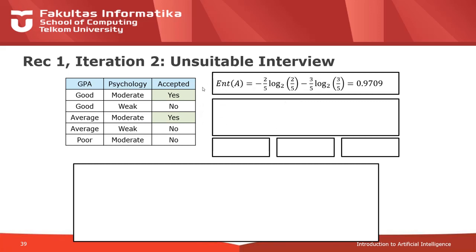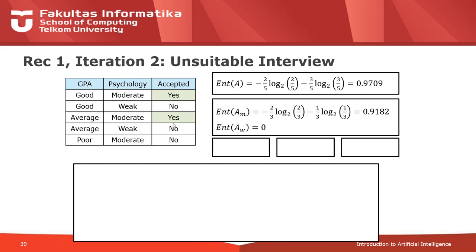And after we calculate the entropy of A, we will need to calculate the gain of GPA and psychology, which means we have to calculate the entropy of good, entropy of average, and entropy of poor, and then calculate the gain here. And then we will also need to calculate the gain of psychology, which means we have to calculate the entropy of moderate and weak, just moderate and weak here. And then we will get the gain here.